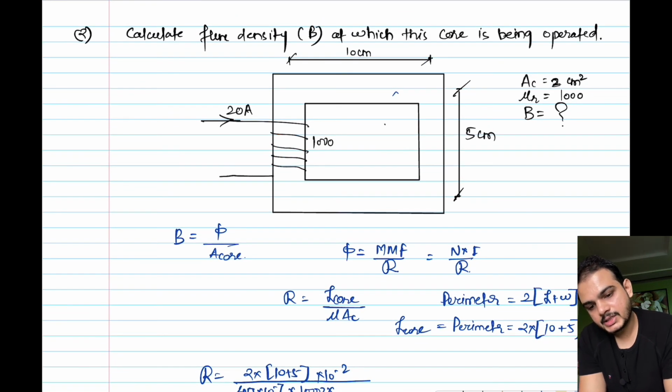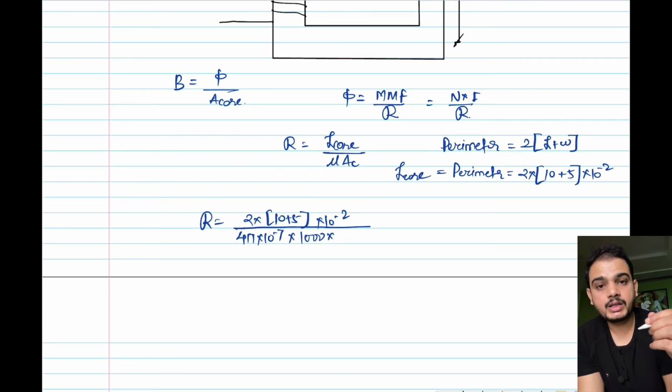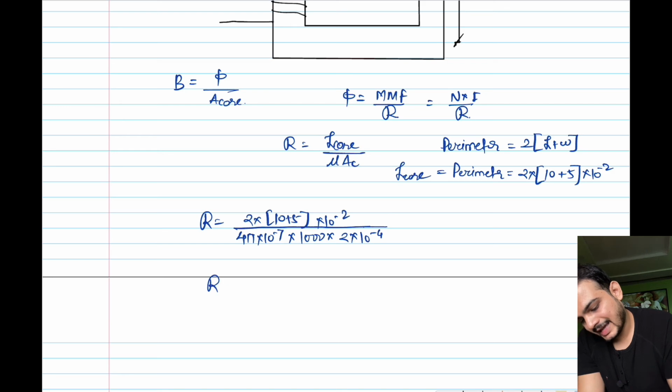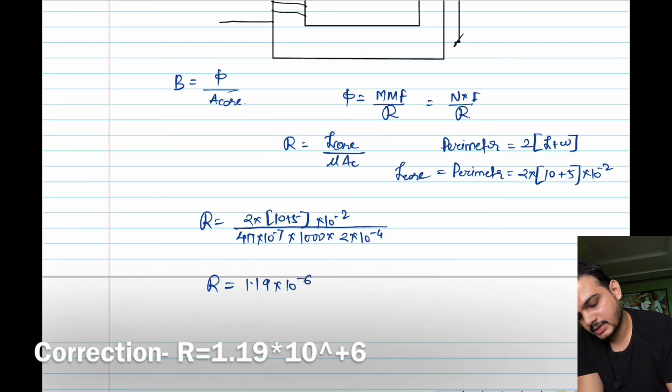Area of core is given as 2 centimeter square and we want it in meter square, so 2 into 10 to the power minus 4 meter square. After calculation we get the value of reluctance as 1.19 into 10 to the power minus 6 Henry inverse, or ampere turns per Weber.